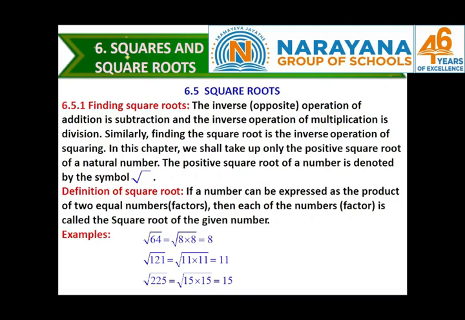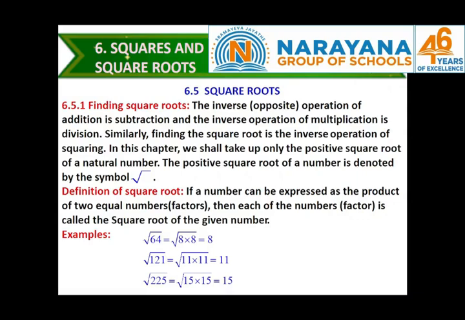7 square is equal to 49, even minus 7 square is also equal to 49. So 49 we can express as 7 or minus 7. Root 49 is 7 or minus 7. But here, for our convenience, and because it is a fresh topic for the students, we are taking only the positive values. The square root is represented with the symbol given here, the blue colored one.